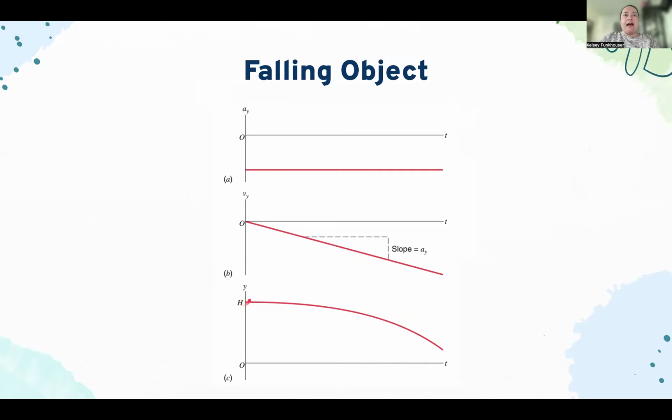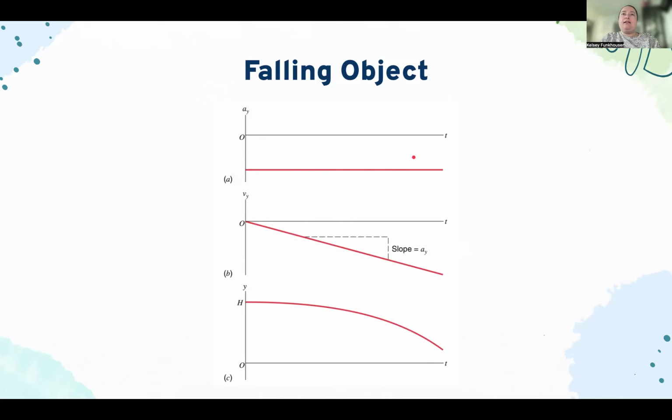So we start at this height and then it falls in this parabola shape. So velocity starts at rest and then increases negatively. That's a constant slope, so there's a constant value for the acceleration, and it's negative because it's a negative slope.